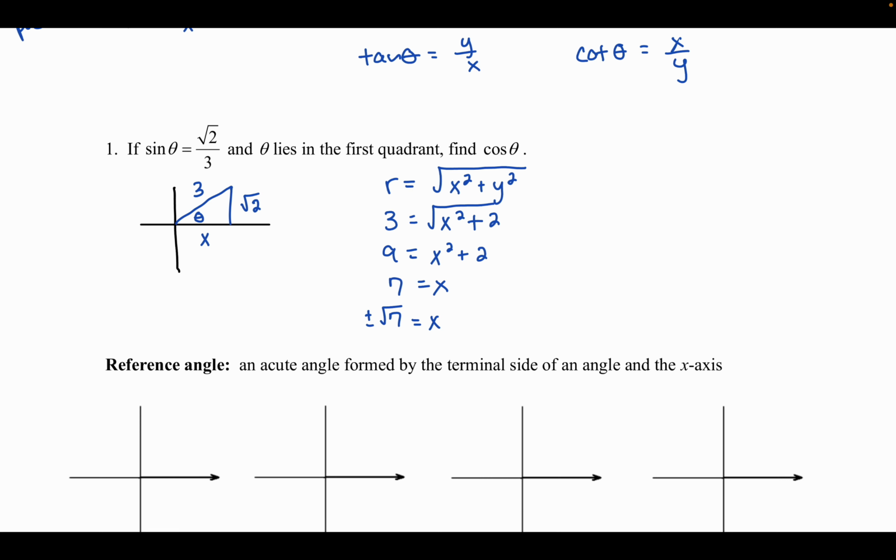We have to choose if x is going to be positive or negative. It's the same thing as happened on the unit circle. Because we're in quadrant 1, x is going to equal positive square root of 7. So cosine of theta is going to be square root of 7 over 3.